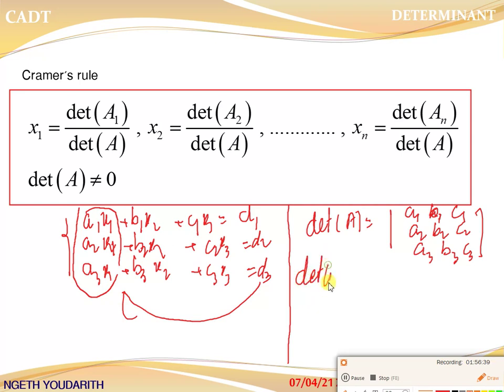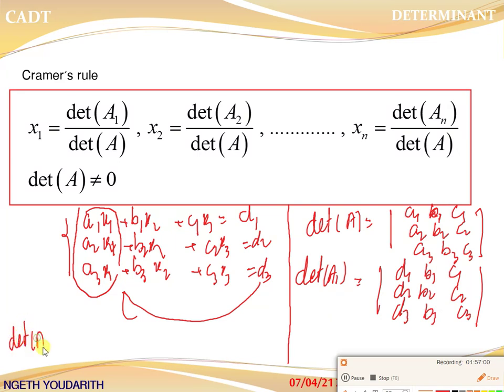Determinant A1 is equal to D1, D2, D3, B1, B2, B3, C1, C2, C3. And determinant A2: we take this one to fill in this column, so it is A1, A2, A3, D1, D2, D3, C1, C2, C3.